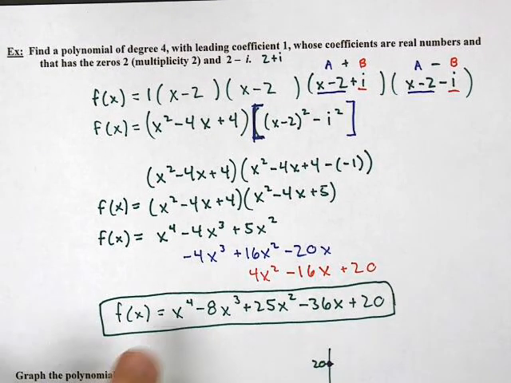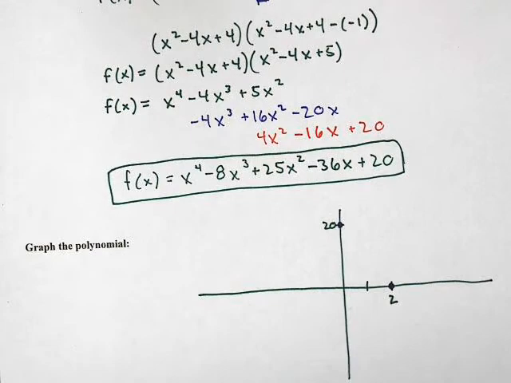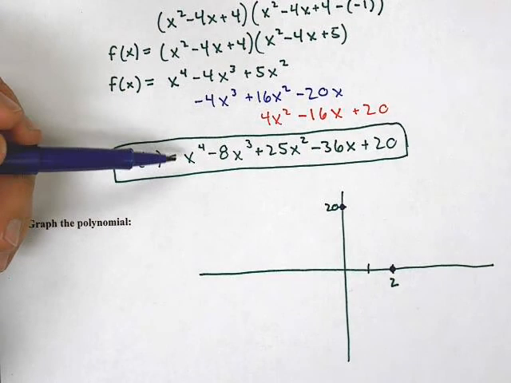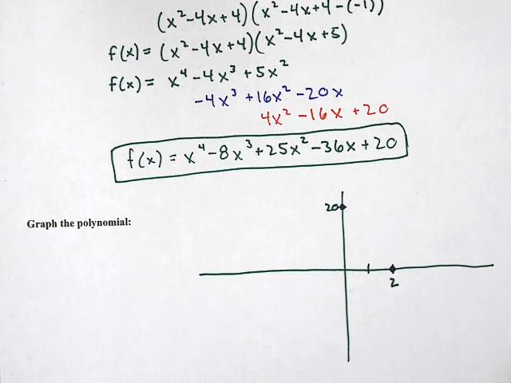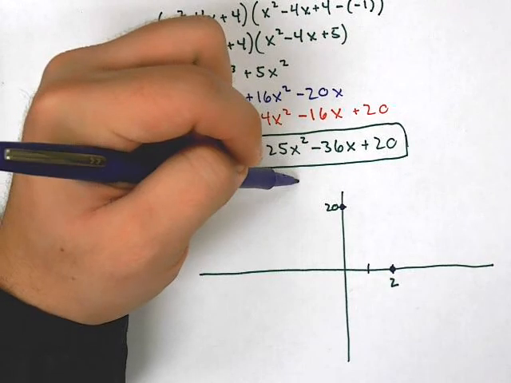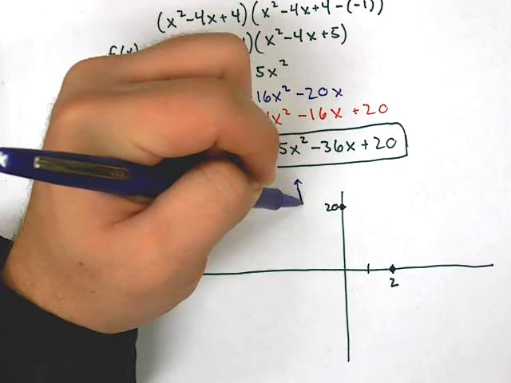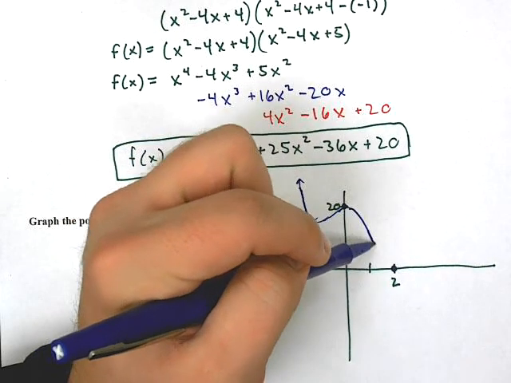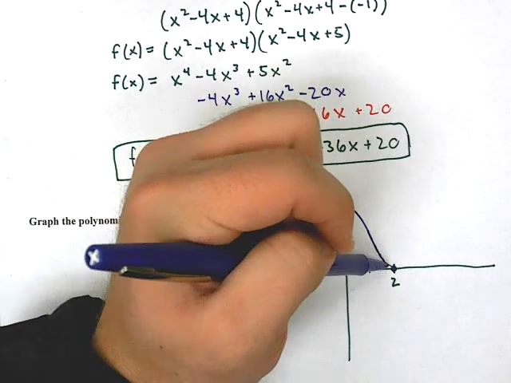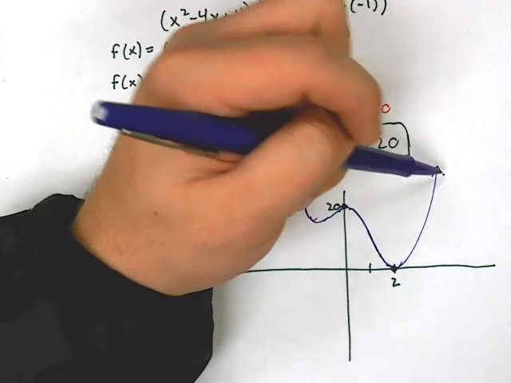Okay, last thing to take a look at, x to the fourth. x to the fourth means that we have a positive coefficient, even degree, so it's going to go up, up. So, something like this, start up here, maybe grab the 20, then make sure that it bounces off of x equals 2, and we finish up, up.